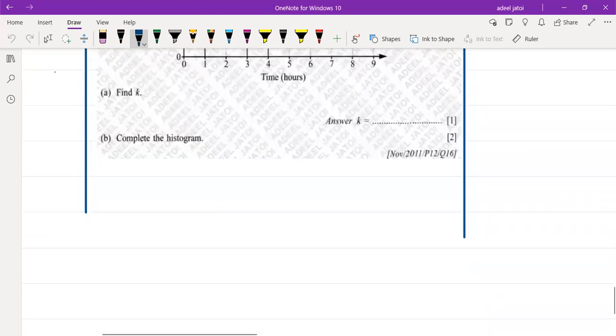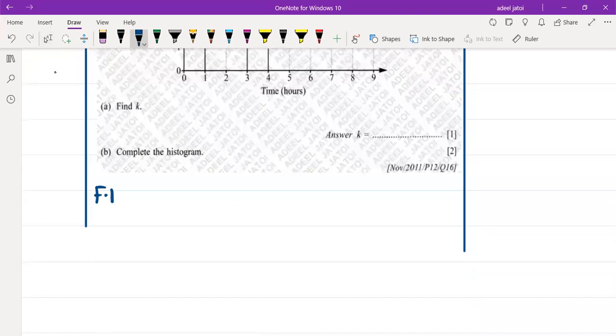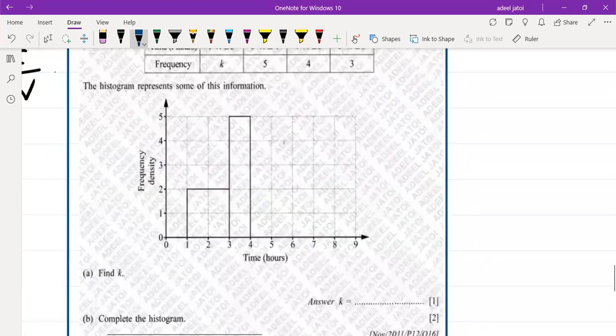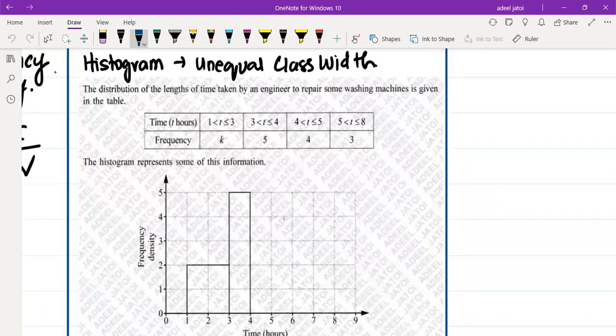So if it is frequency upon class width, that means for each class width, you will be finding out the frequency density. Now, for the first part, the frequency is not given, because the histogram bar for 1 to 3 has already been plotted by the examiner.